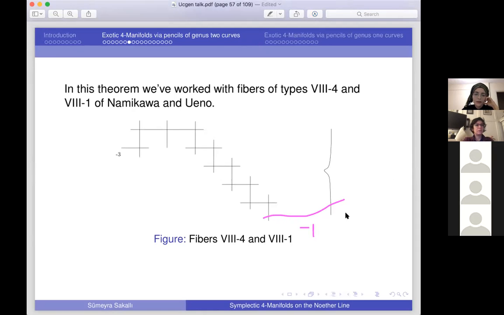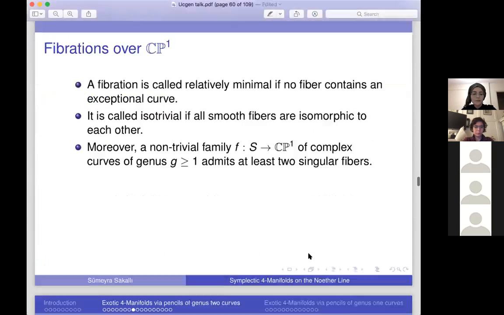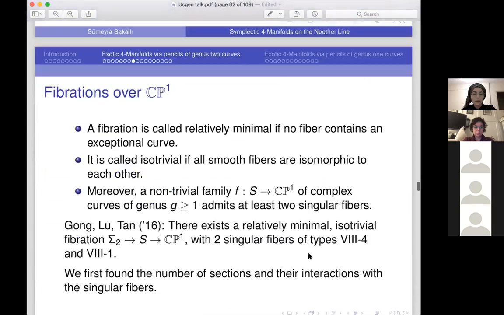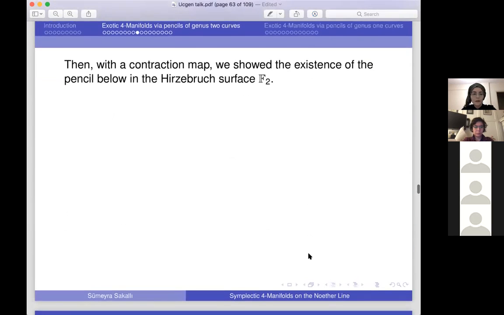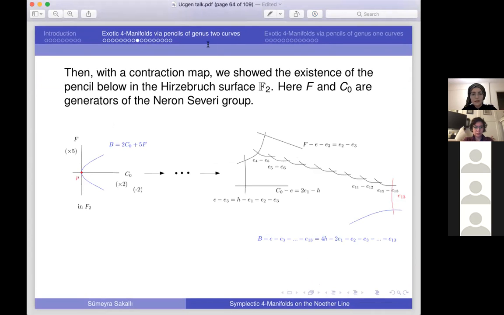And after showing the existence of that, then with a contraction morphism, we do successive contractions of -1 curves. Successively, we are blowing them down. And as a result, we obtained a pencil. I am here now. So we show the existence of a pencil, and it lies in the second Hirzebruch surface F2.